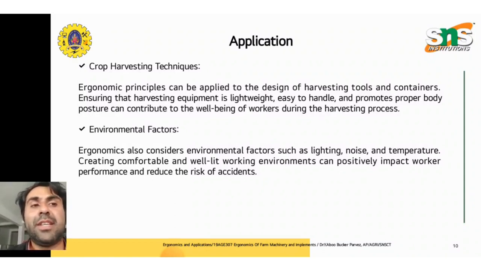Crop harvesting techniques should ensure that the harvested crops are easy to lift, lightweight, easy to handle, and promote proper body posture. Environmental factors include lighting, noise, temperature, etc. Creating comfortable and well-lit working environments can positively impact worker performance and reduce the risk of accidents.